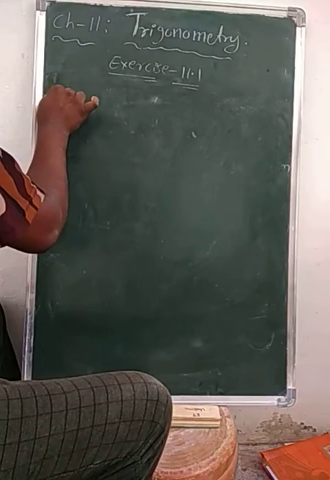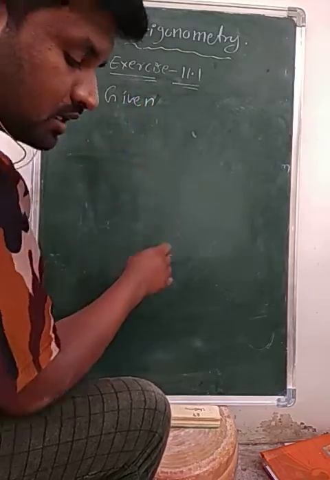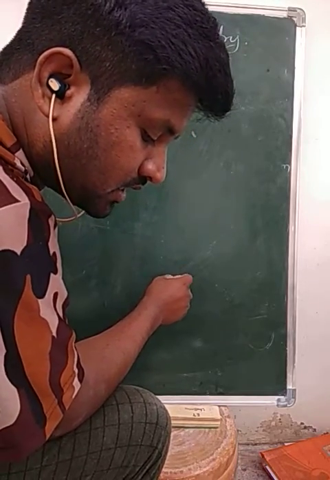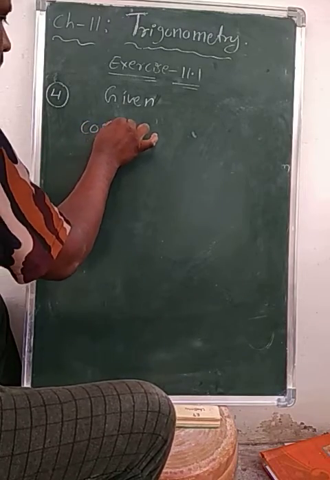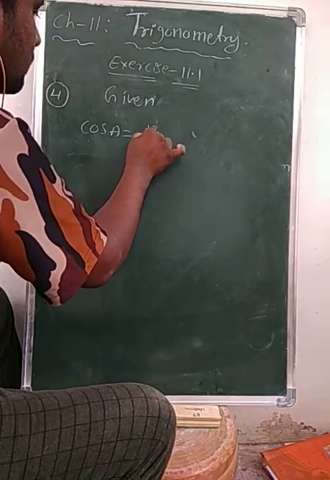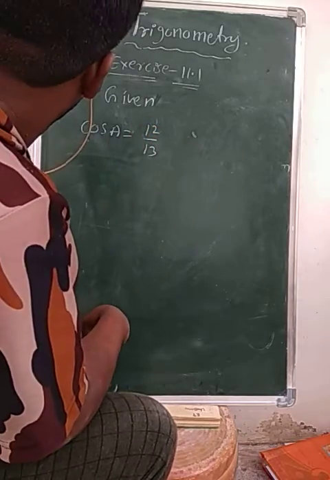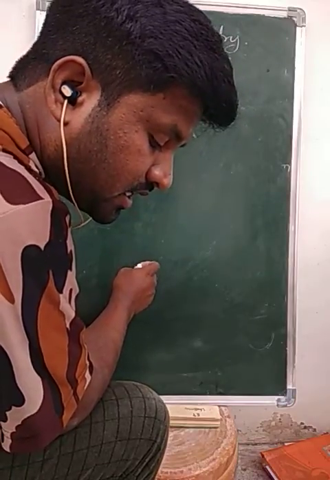The given data: cos A is equal to 12 by 13. Then find sin A and tan A.